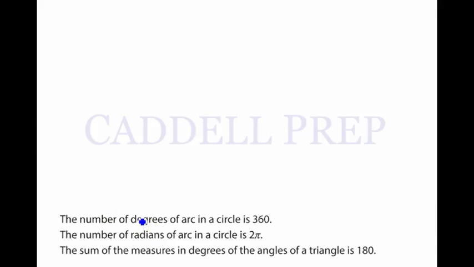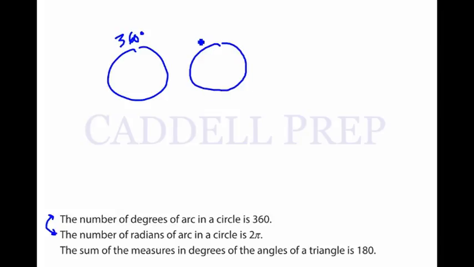Alright, also we have these three facts here that are given. These more or less go together. The number of degrees of arc in a circle is 360 degrees. The number of radians of arc in a circle is 2 pi. So what that's saying is all the way around the circle is 360 degrees, and all the way around the circle is 2 pi radians.